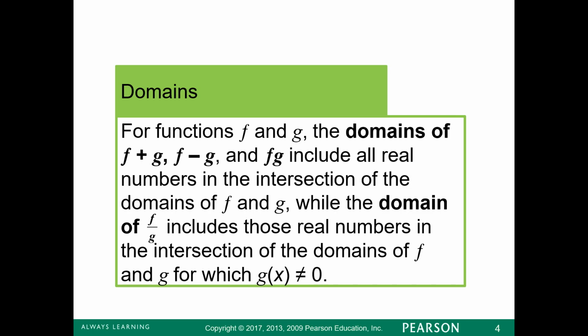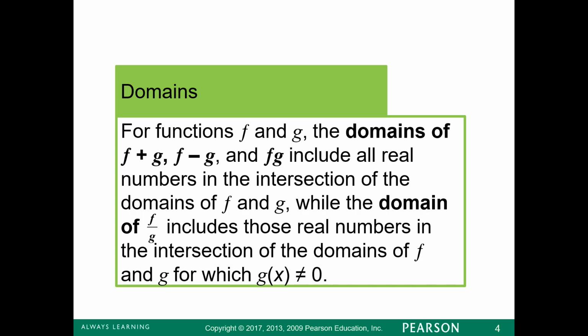And the domain of f over g includes those real numbers in the intersection of the domains of f and g for which g(x) is not equal to 0. Okay? Are you with me? Yeah.